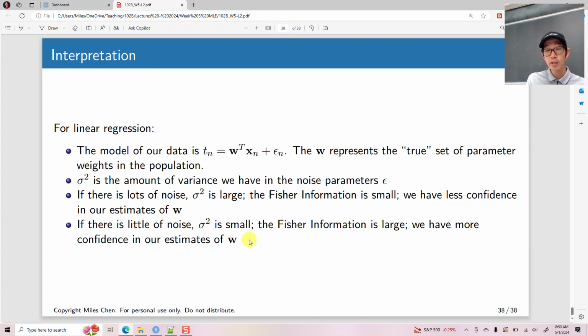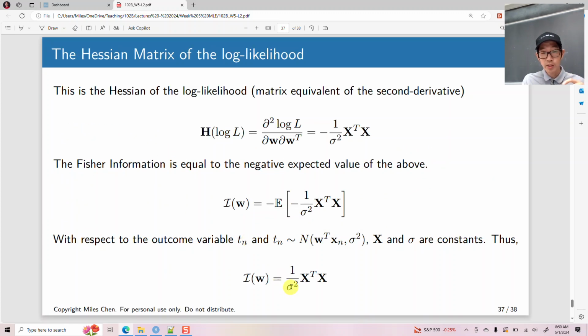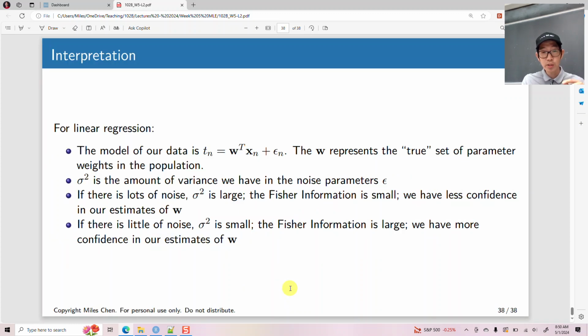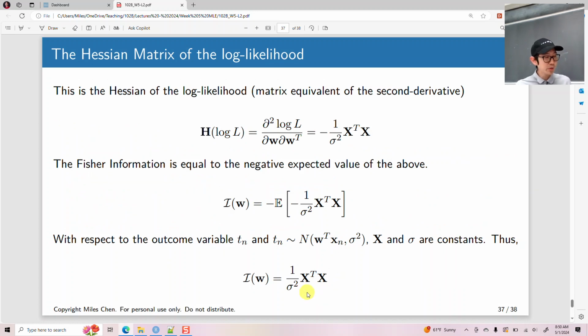If sigma squared is large, then you have a lot of scattering, and you're going to have less confidence in the estimates of W. You also have x transpose x, which indicates that the size of x itself plays a role.